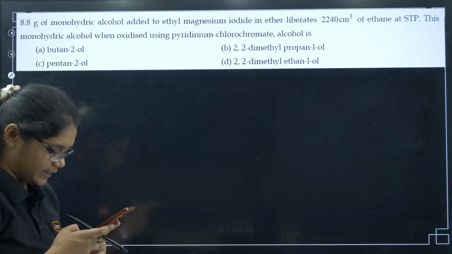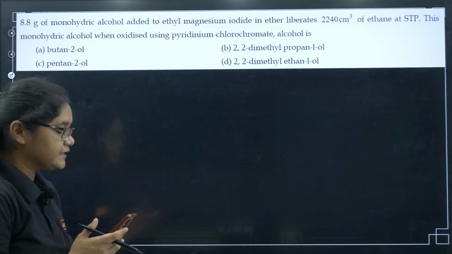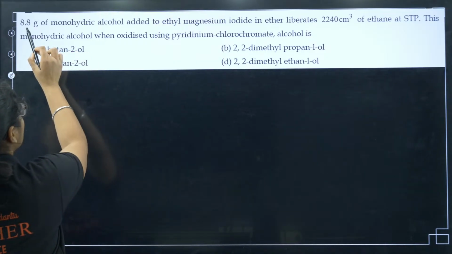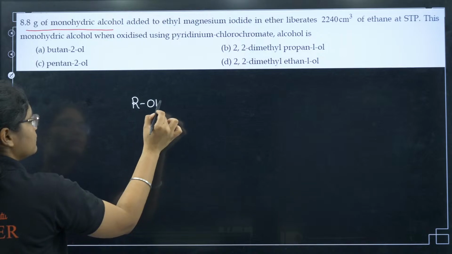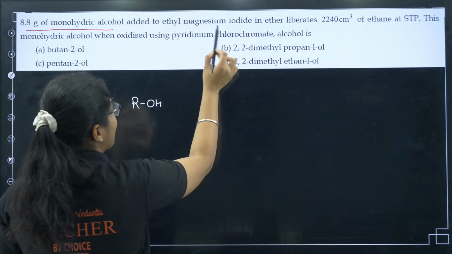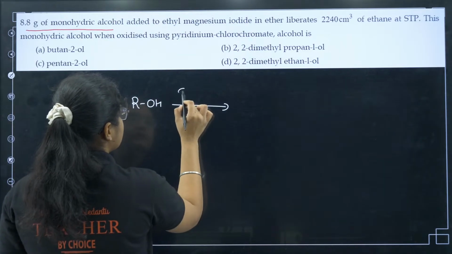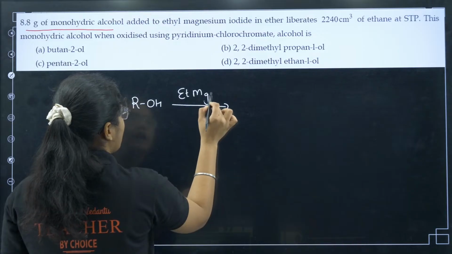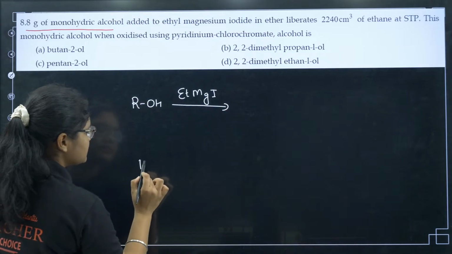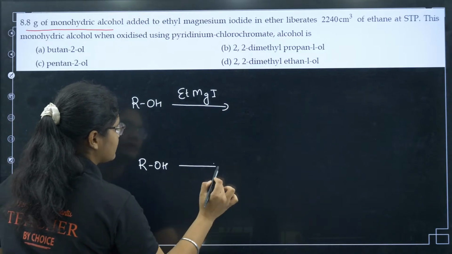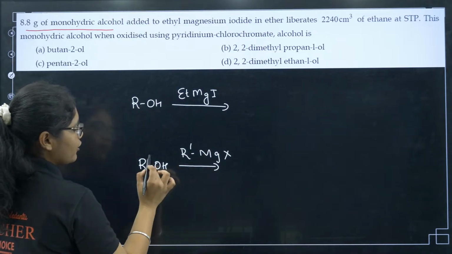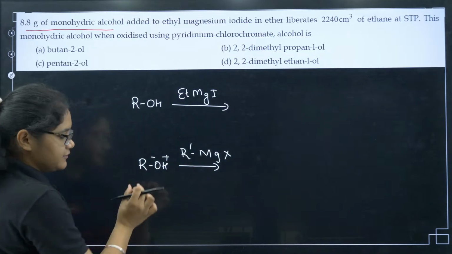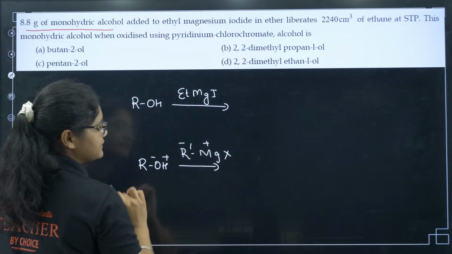Which options can we eliminate easily? See, 8.8 grams of monohydric alcohol. Monohydric alcohol means there is one alcohol, added to ethyl magnesium iodide. So first remember, what is the product when alcohols react with Grignard reagent? In alcohol RO minus H plus will be forming, and in Grignard reagent R minus, MgX plus is there.